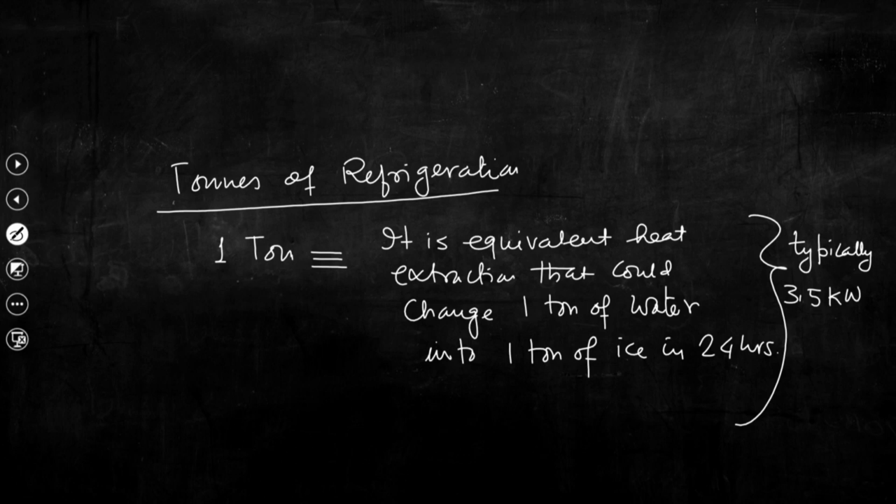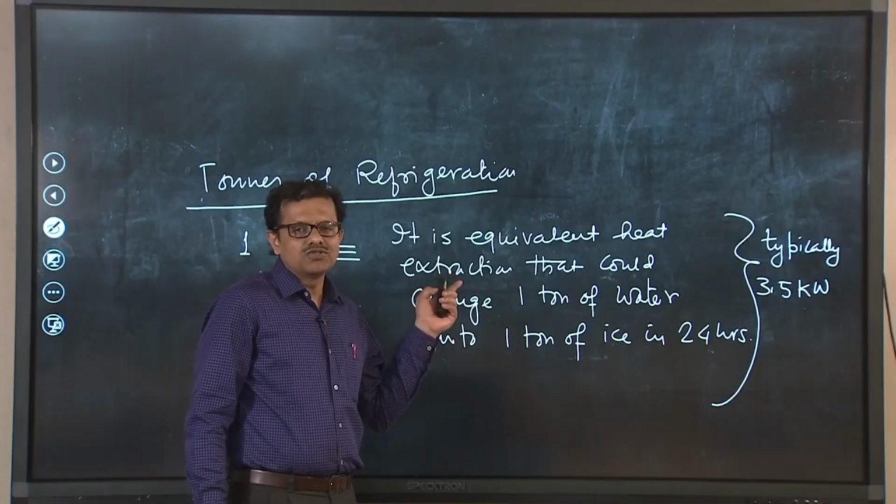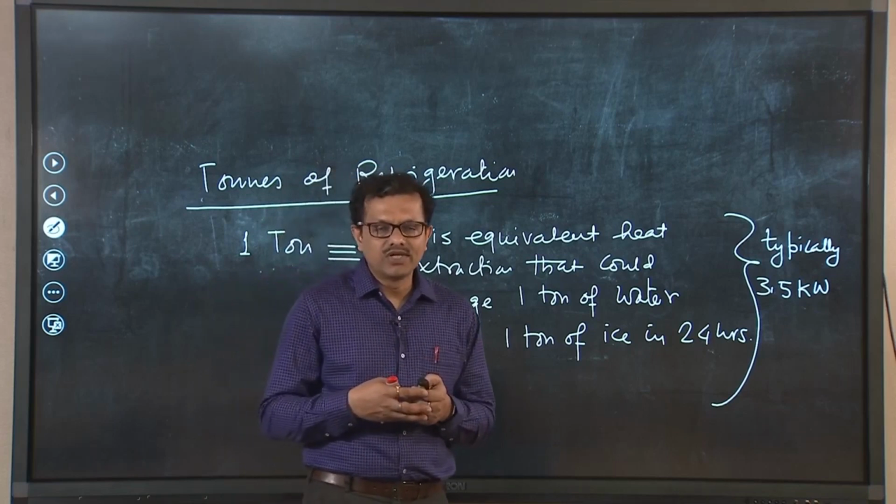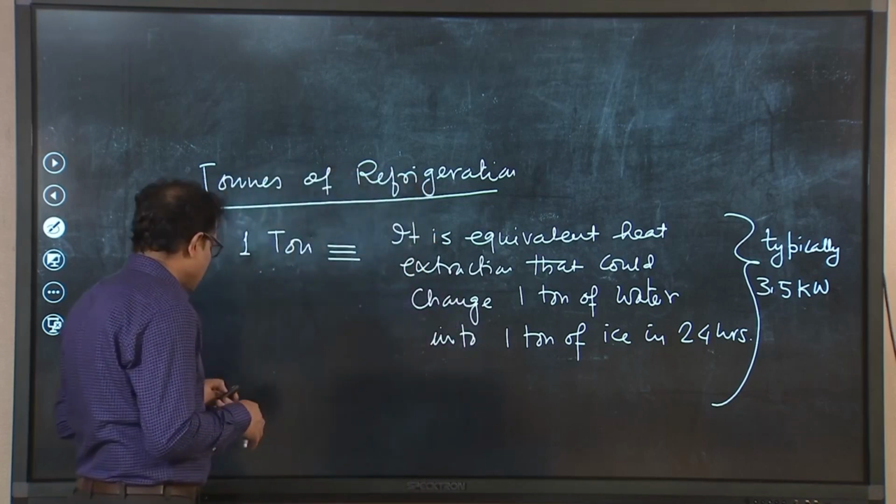So, this is basically 1 ton of refrigeration. Why it is important? Because in most of the refrigeration units, this unit is typically used to denote the capacity of that particular unit. So, this is 1 ton.